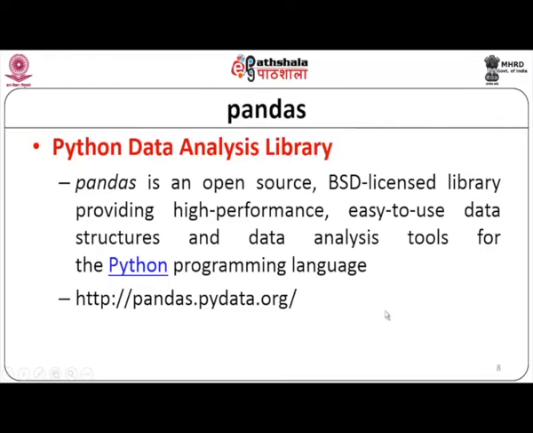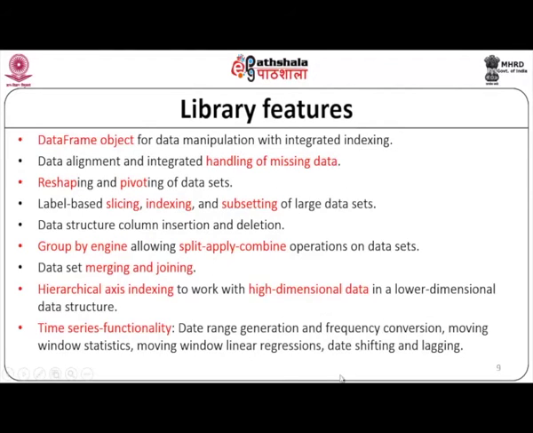What are the features? The libraries provided in Pandas provide a data frame object for data manipulation with integrated indexing. Alignment and integration of data happens very easily, and therefore handling of missing data becomes very easy. Reshaping and pivoting of data sets is supported.